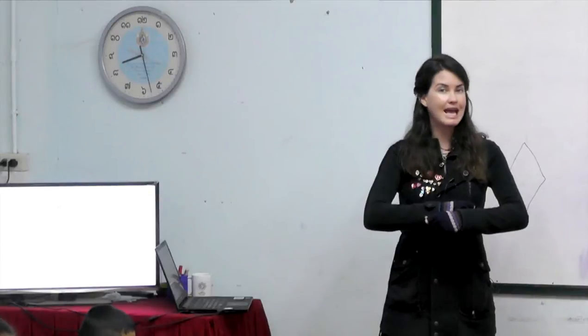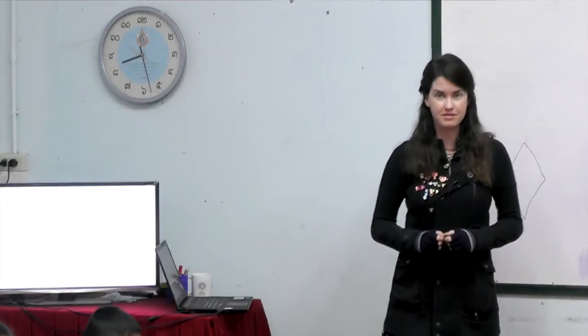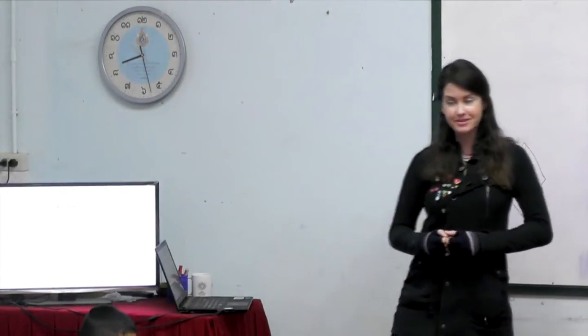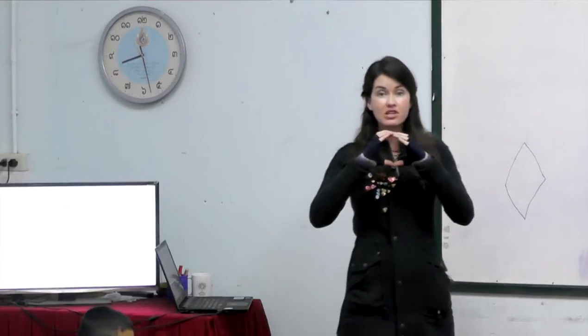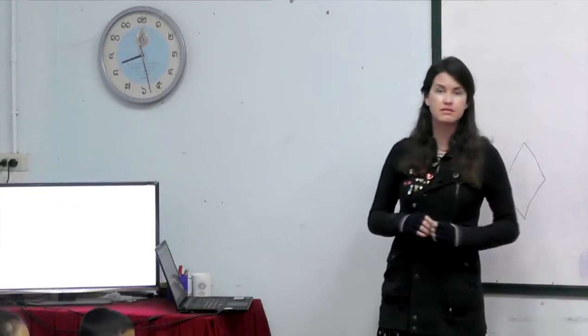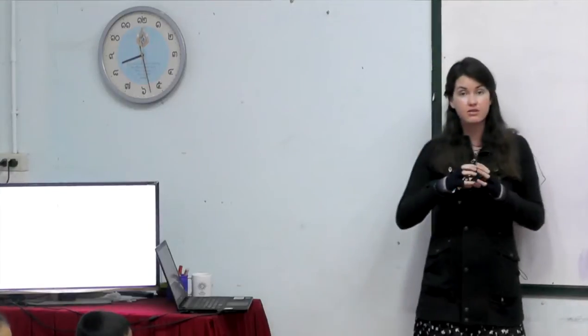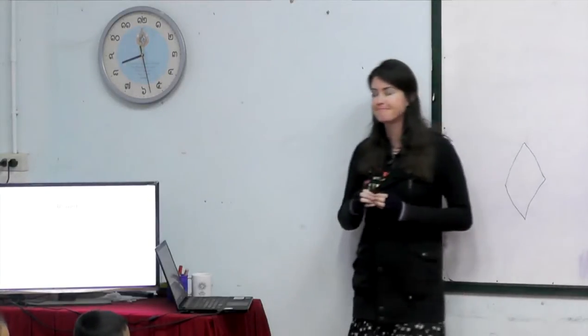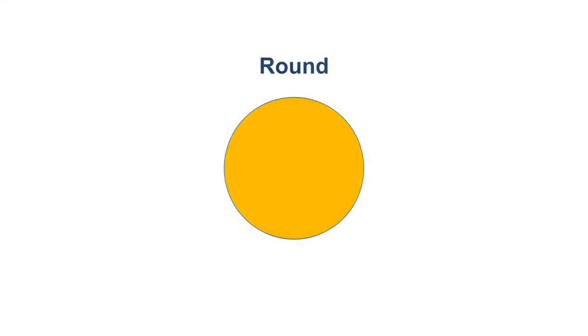Round. Good, friends. It's just like from our preposition song, around, but we don't use the A. We just say round. So a circle is round. An oval is round.